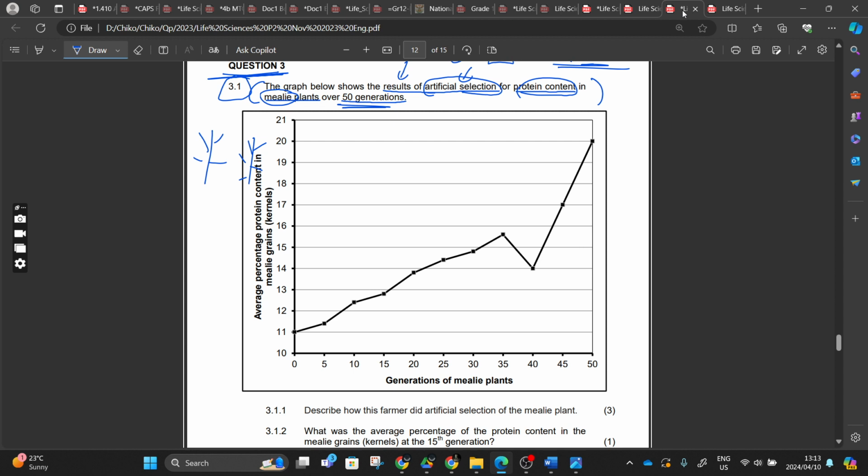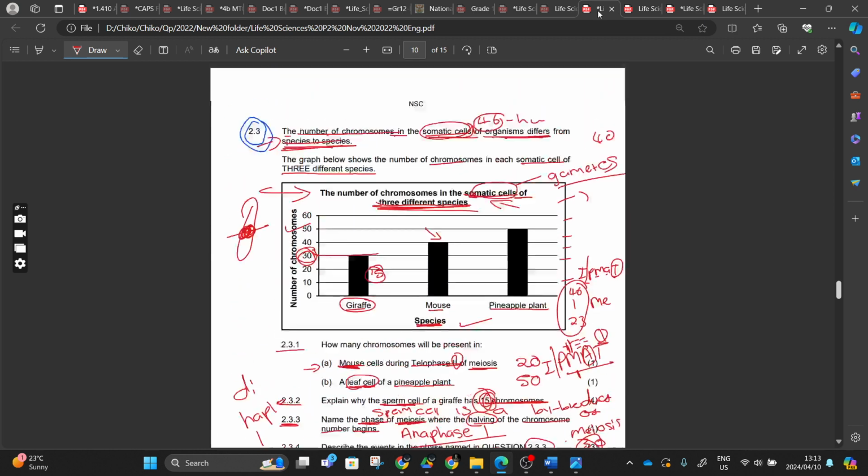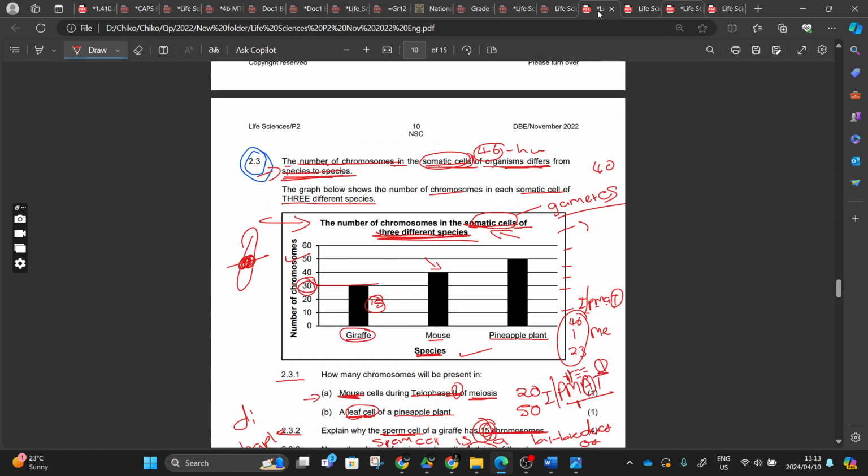Right? This table here, it has to have a name, right? So the name of this, it will be a graph. Let's see from our previous one, they say the number of chromosomes.